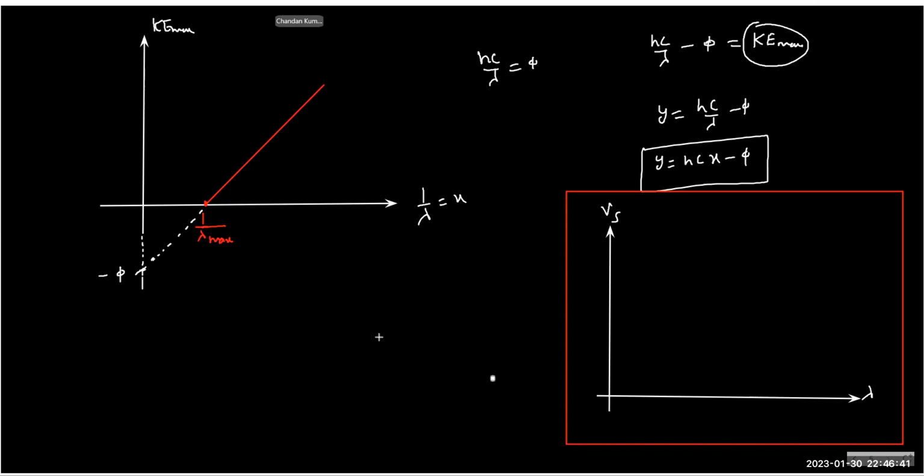So it will be like a hyperbola sort of. Yeah, right. So if you plot the graph, now EVS is how much? HC by lambda minus 5.